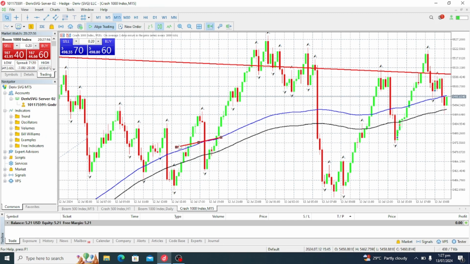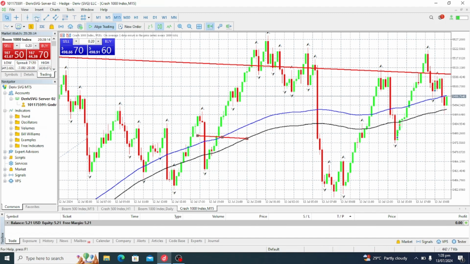Very simple. As you take the candle, you're just taking three 15-minute candles and you're out of the market.